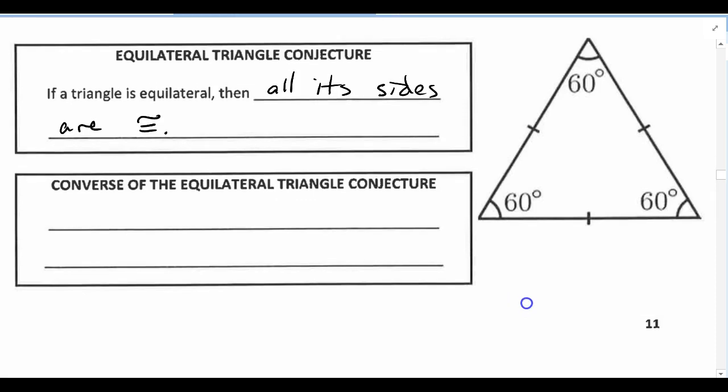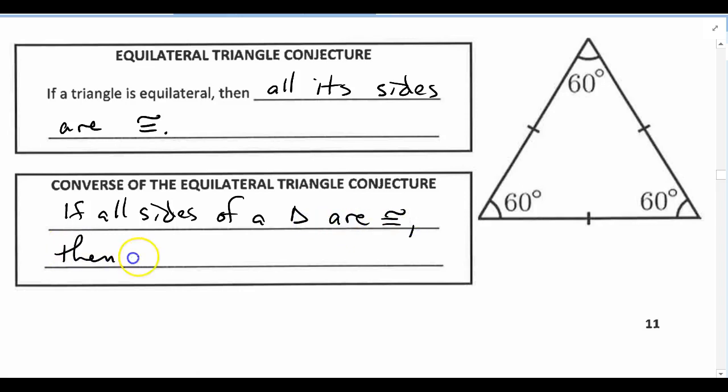And then the converse of this would be, if all sides of a triangle are congruent, then it is equilateral. All right, and if you notice in the picture here, we've got three congruent sides, but we also have three congruent angles.